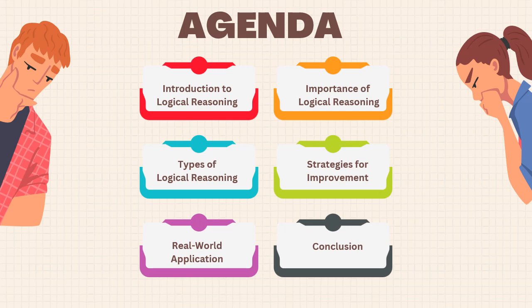Before that, I would like to tell you how logical reasoning emerged as a skill. So I'm sure many of you are aware of Aristotle. Who was Aristotle? Do you know? He was a Greek philosopher and a polymath. He's often regarded as one of the founding figures of formal logic.